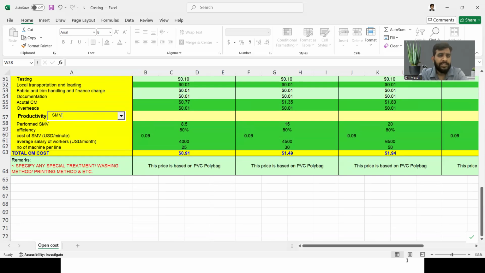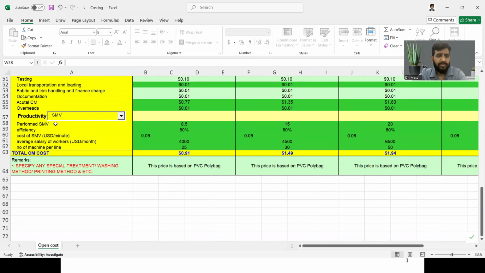How to calculate standard minute value we will discuss in a separate chapter, and the name of the chapter is work measurement. One of the components of work measurement is time study. Time study will tell you the standard minute value to produce a product.